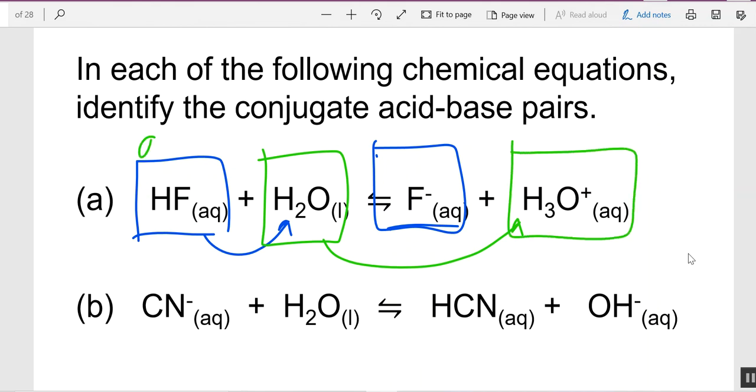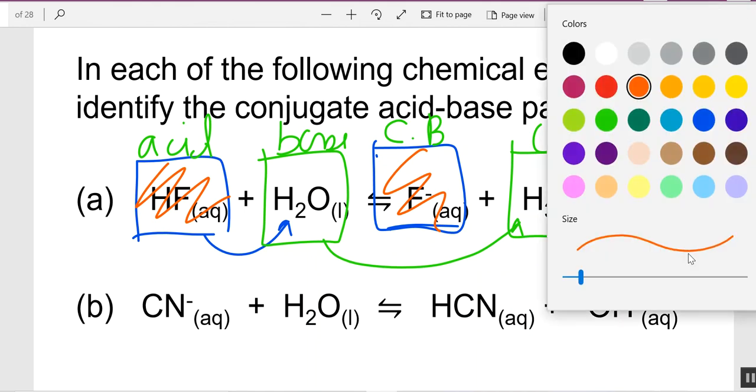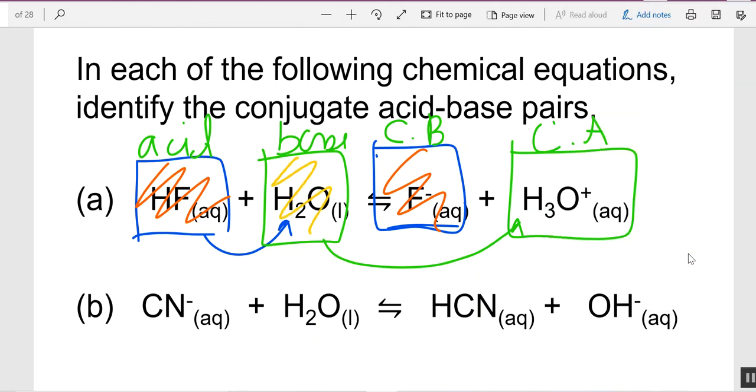So this is the acid and this is its conjugate base, and this is the base and this is its conjugate acid. You see the relationship here?